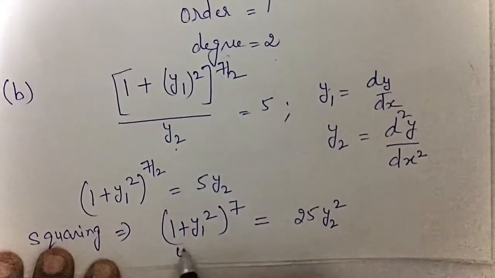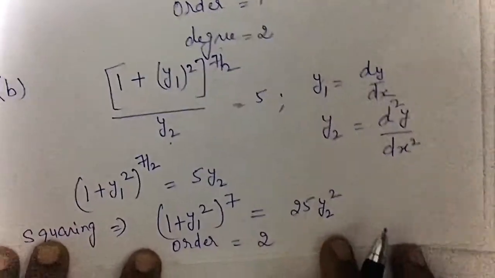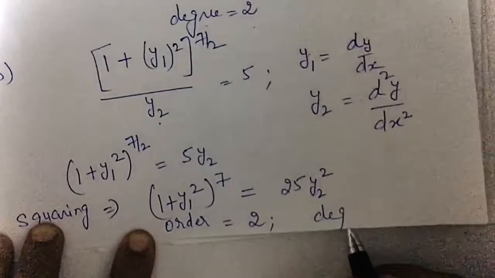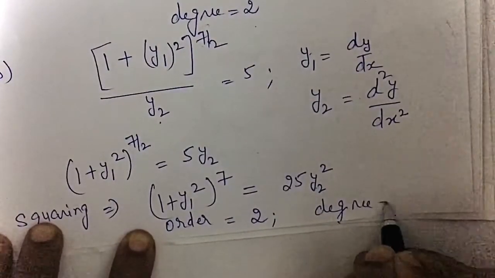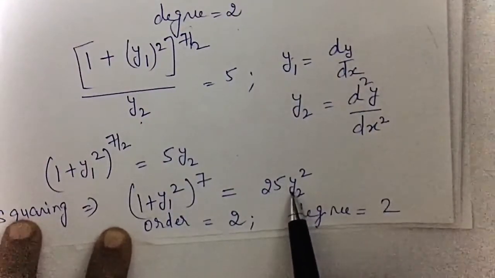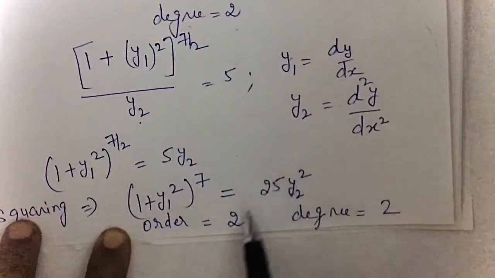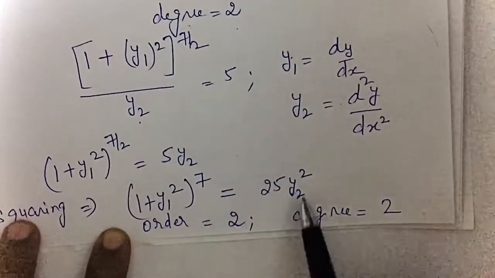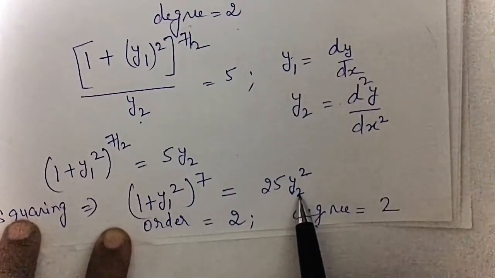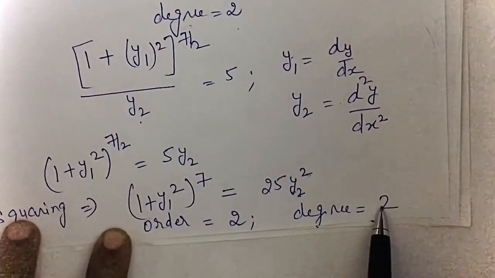So order is equal to 2 and degree is again equal to 2, because the highest order term is y2, that is the second order derivative. Therefore order of the whole equation is equal to 2 and the exponent or power of the highest order term, that is 2. Therefore degree is equal to 2. Clear?